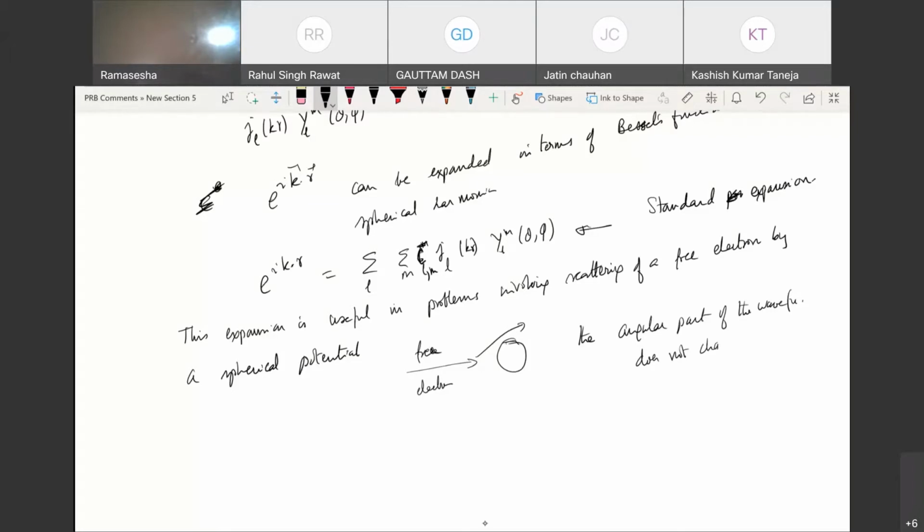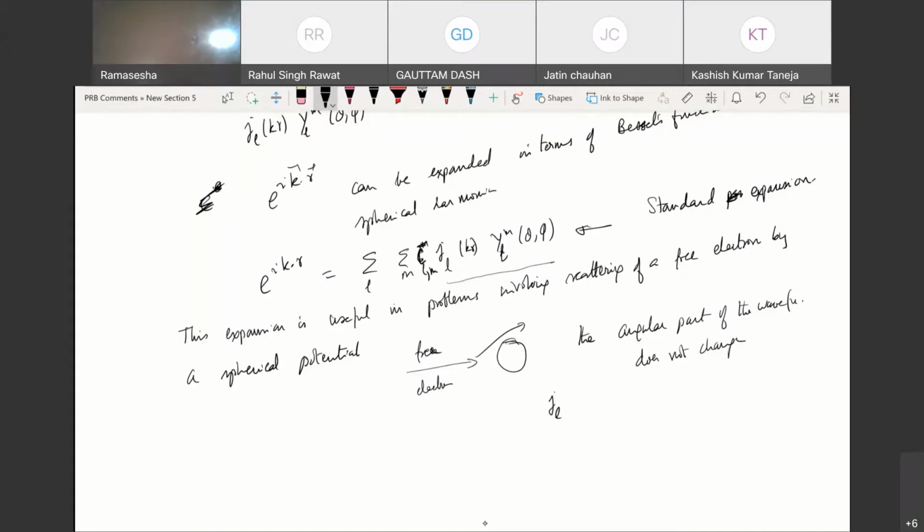And so you can do partial wave analysis. That means you take each one of these waves and then see what happens when they scatter off the spherical potential. The spherical potential does not change the L or the M of the state, but only changes J L k r. And at large distances, J L k r gets phase shifted.